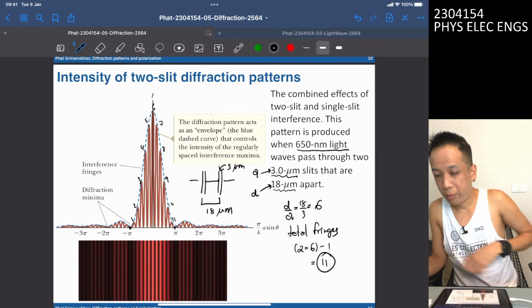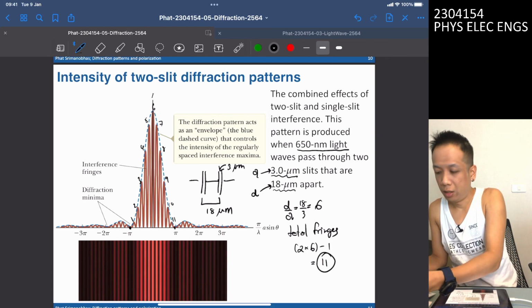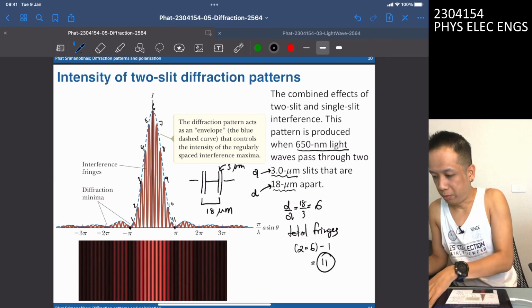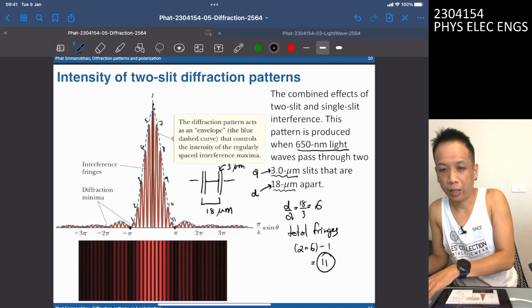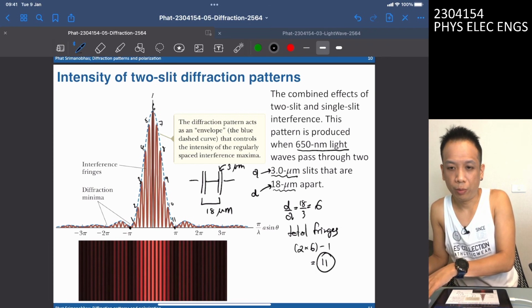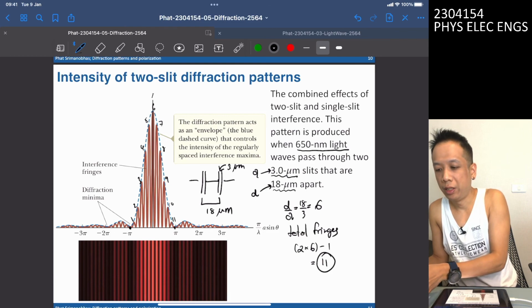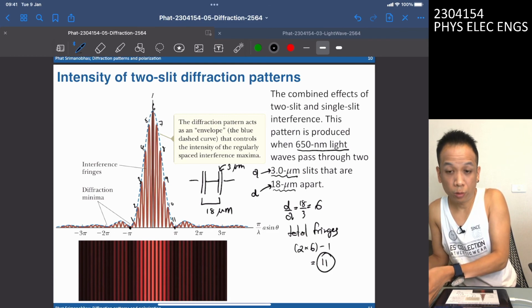Okay, so it may take another hour to finish these diffraction topics, and then next week we're going to start with special relativity, which may take some time. So maybe 3 hours or 4 hours to complete that.